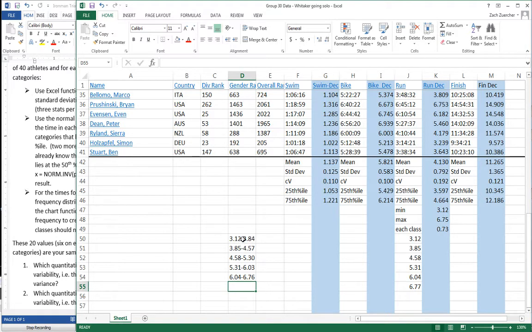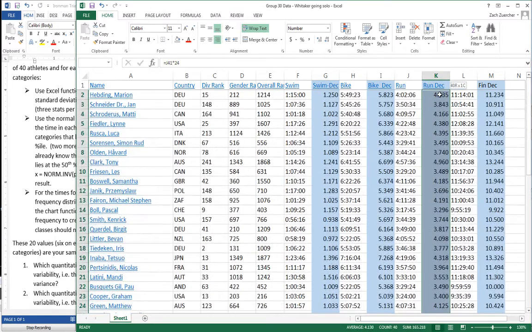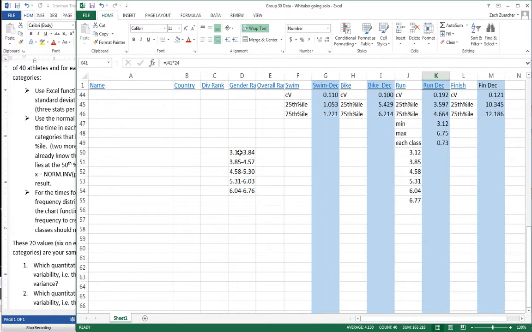And now, the easiest way to do this, what I would do if I was you, is write these 5 classes on a piece of paper. Then I would go through and look at these numbers that are in the run column. And then as you work your way down, looking at each of these 40 numbers, just put a tally mark next to each of these classes.